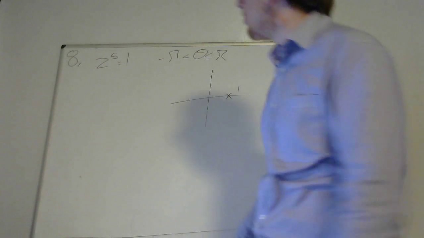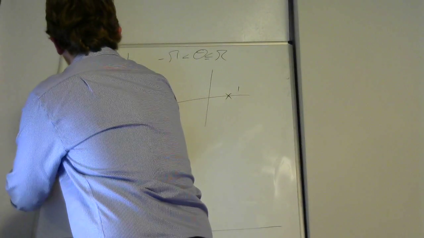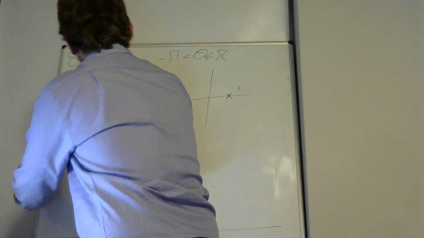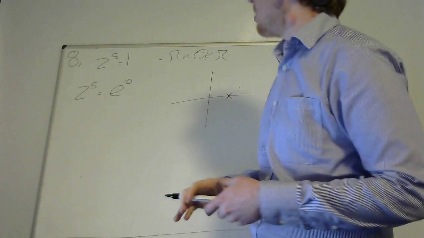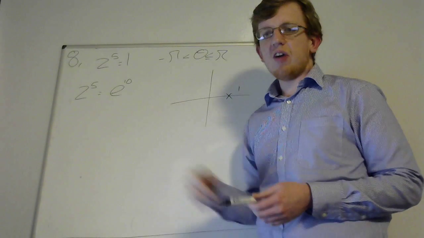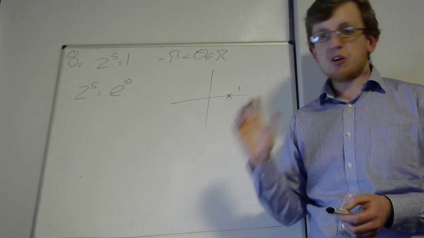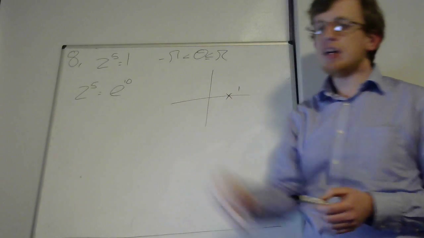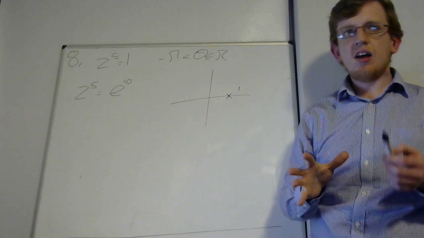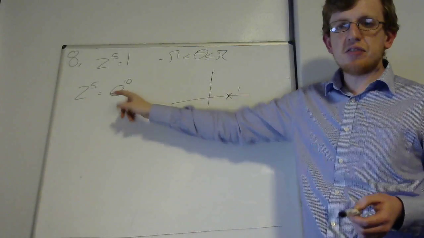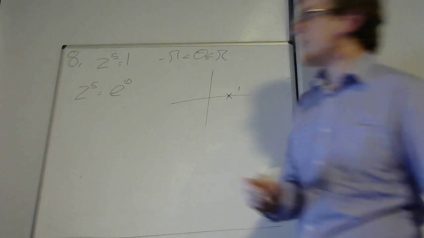So a complex number with no argument and a modulus of 1 is e to the i 0, or just the real number 1. But the reason why we write it like this is so we can generate 5 solutions, because we know something to the power 5 is going to have 5 real or complex solutions. So this is the first one that we're going to make available to it.